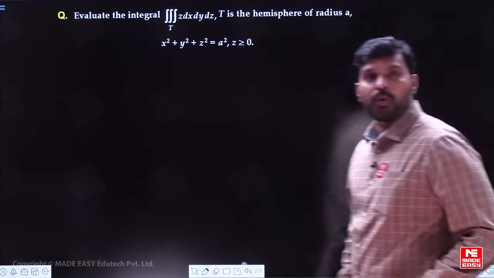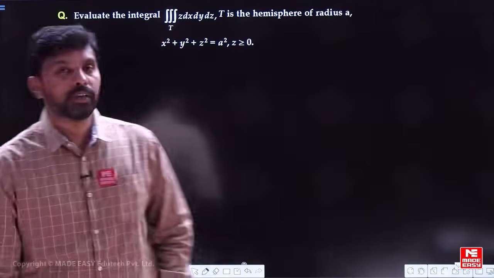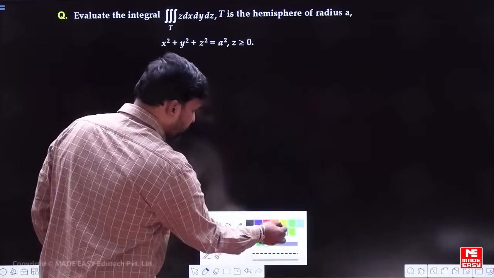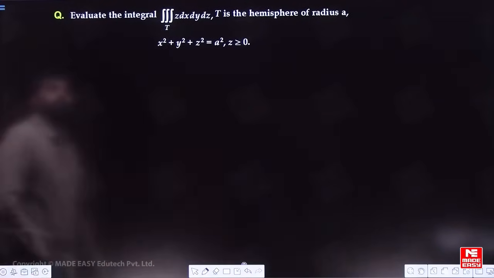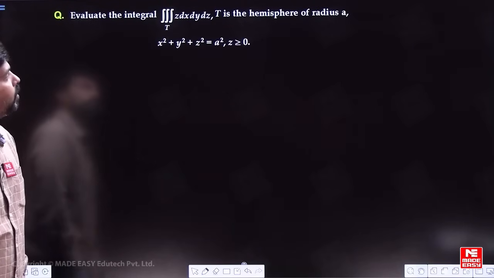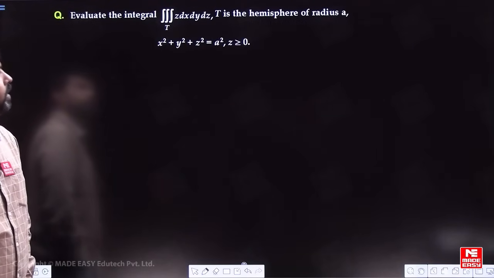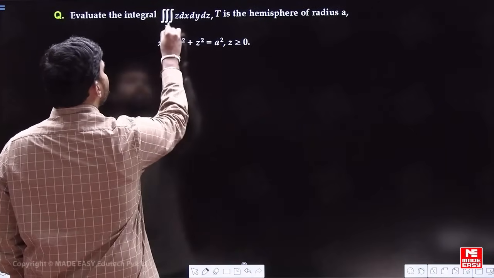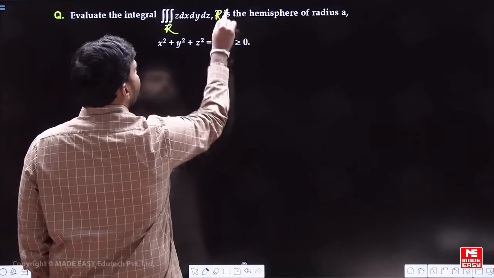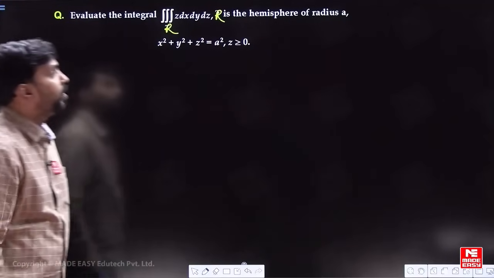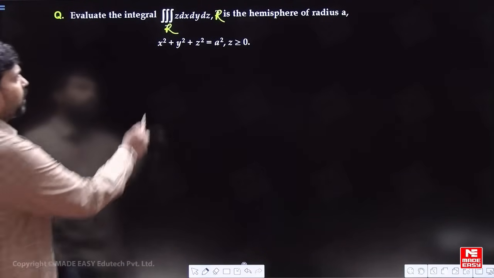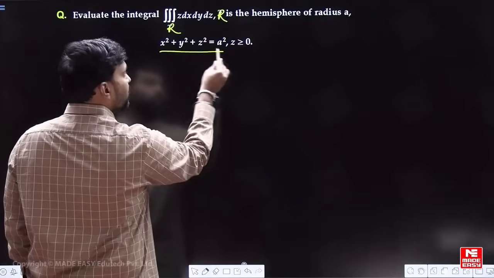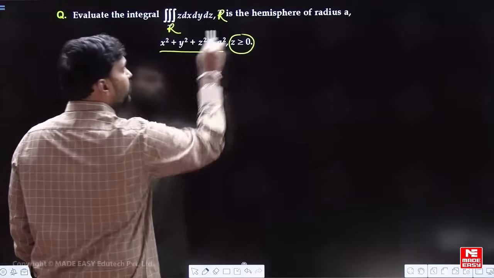Yeah, so another integral question here. Let's do this. It's a very good question. Let's understand this. Evaluate the triple integral of z dx dy dz, where R is the region of the hemisphere of radius a, that is x square plus y square plus z square is equal to a square, where z is greater than 0.